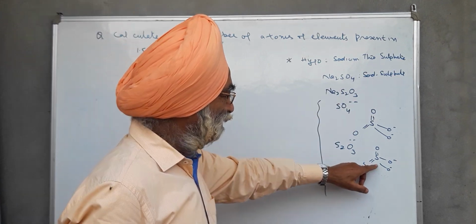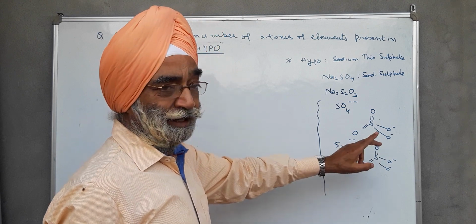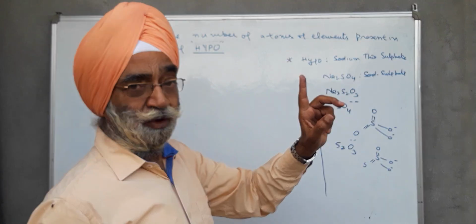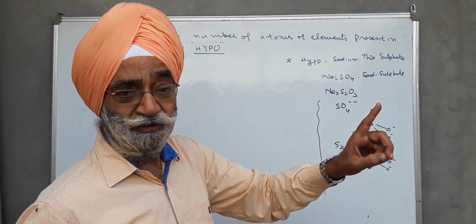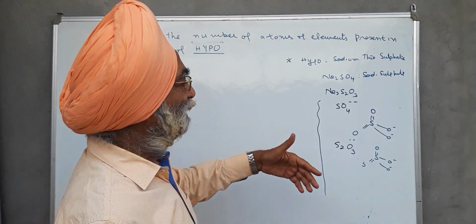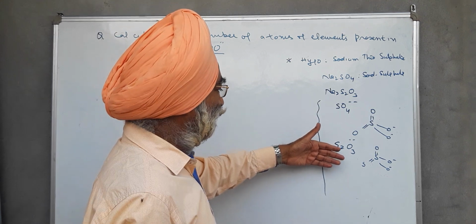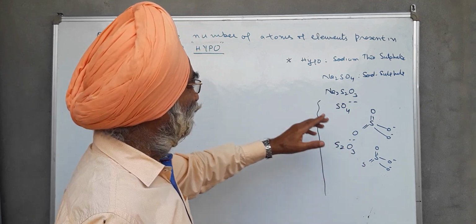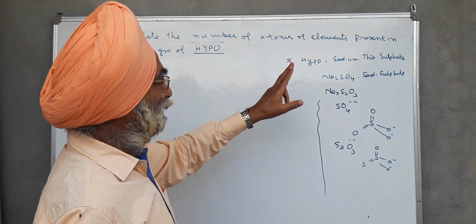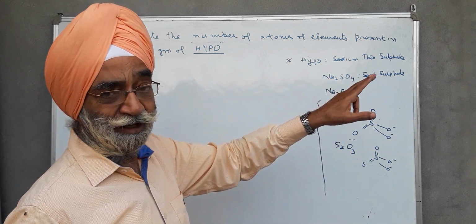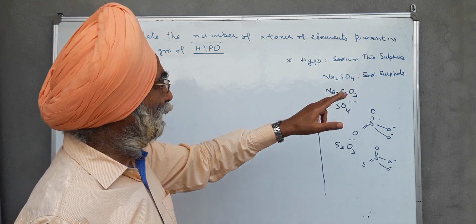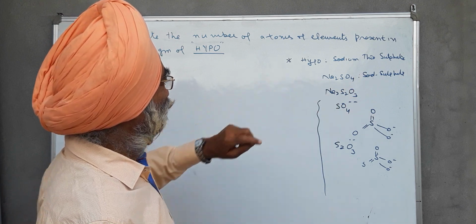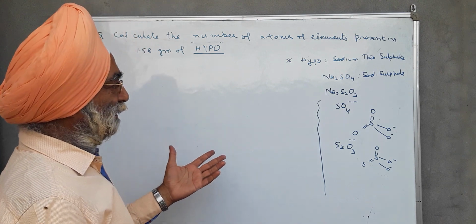Sulfur shows valency 6 here; the highest covalency of sulfur is 6, of phosphorus is 5, and so on. We shall come to this topic later on. So this is sulfate and this is thiosulfate. Sodium sulfate, I refer to as Glauber's salt. Sodium thiosulfate is known as hypo. Now it is very clear.